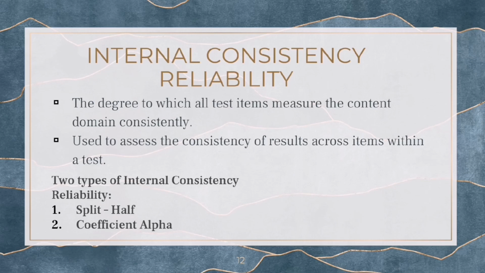We can say that the test we gave to our respondents is reliable if the scores of each half, or each set of test items, are correlated or connected to each other. The second one is coefficient alpha, also known as Cronbach's alpha.